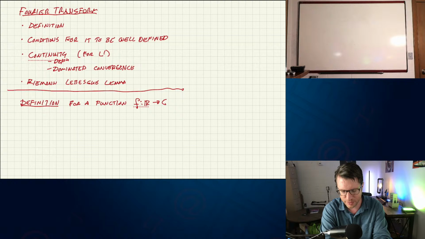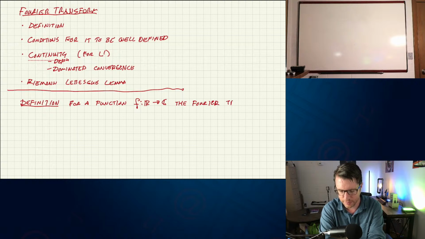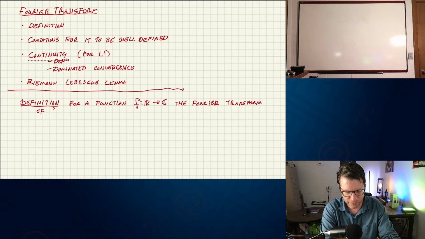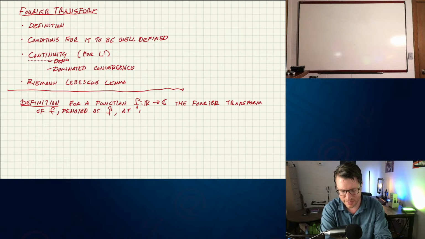Come back there to C, the Fourier transform of f, denoted, like textbook speak, as f hat at omega, and R is given as this.